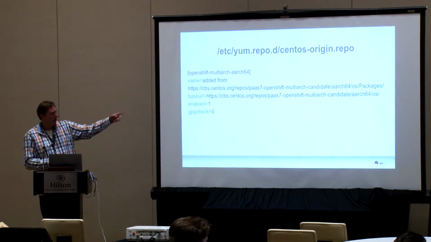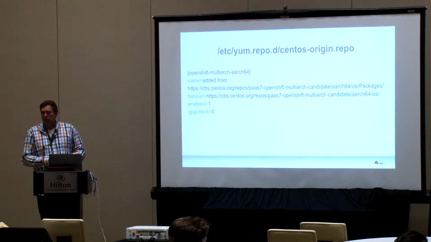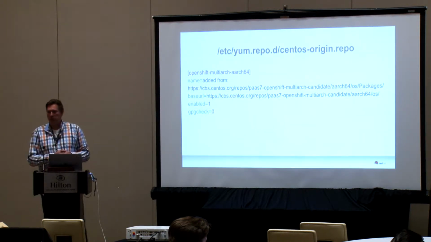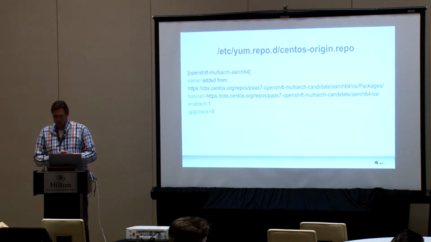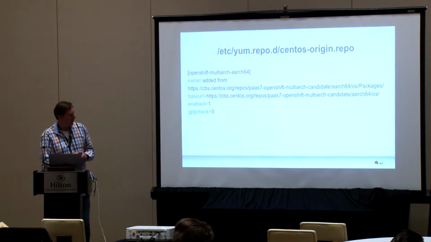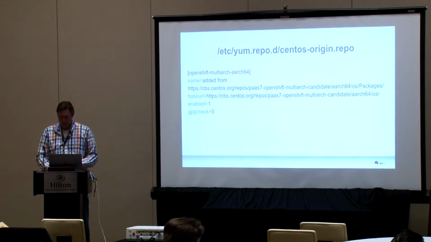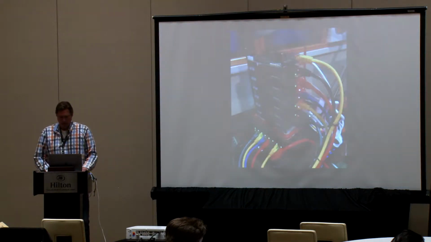So all you have to do is add another repository. There's the iPaaS repository, and you get all the extra RPMs. So you can get Docker and you can get OpenShift. You enable it, and you're off to the races. So now you do yum install OpenShift, and there you go.